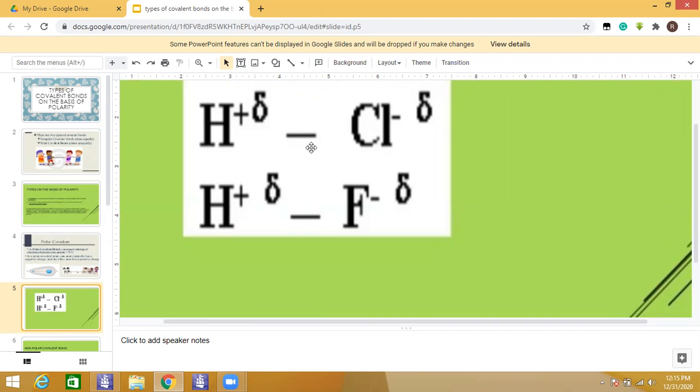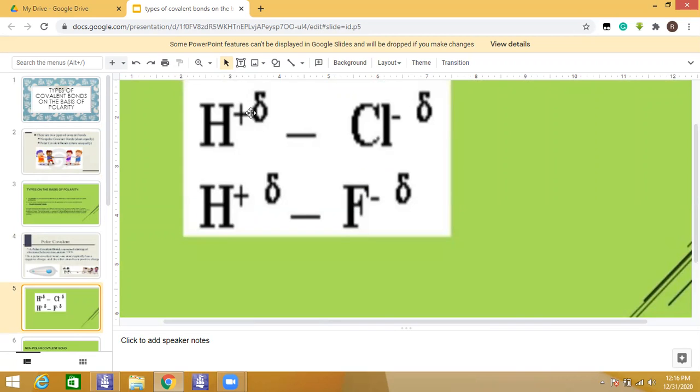Here you may see the more electronegative atom acquires a greater share of the bonding electrons as compared to the less electronegative atom. Due to this, the more electronegative atom acquires a partial negative charge and the less electronegative atom acquires a partial positive charge.